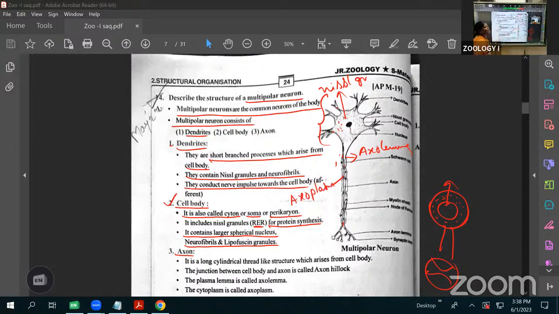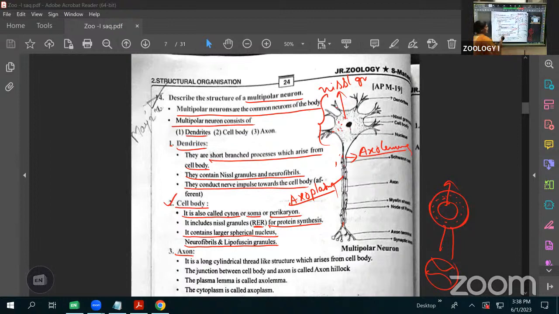The long structure that arises from the cell body, also called the cyton, is the axon. The axon is covered by the membrane called the axolemma, and inside the plasm is called the axoplasm.